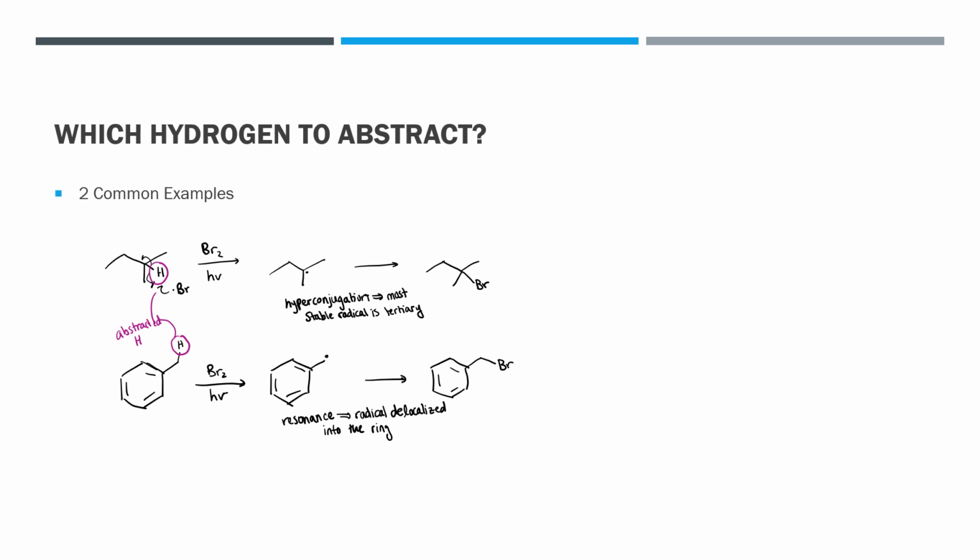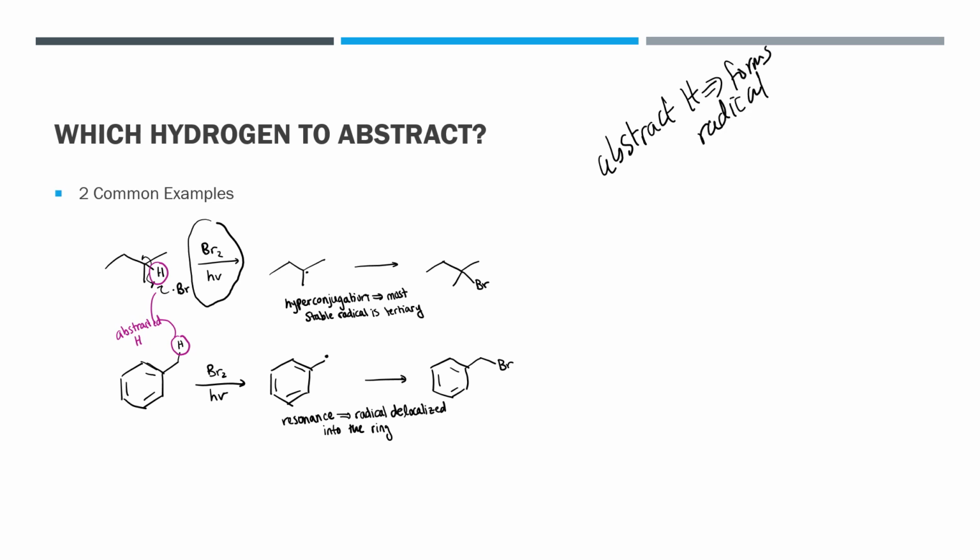So here's an example of that last point I tried to make. We want to look at which hydrogen we abstract if there's multiple hydrogens that we can abstract. So here I've just drawn our radical bromination conditions. And we know our main thing when we look at radical bromination is we abstract hydrogen, and that forms a radical.